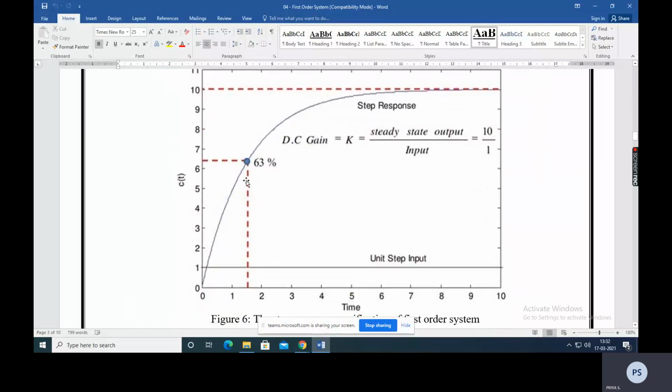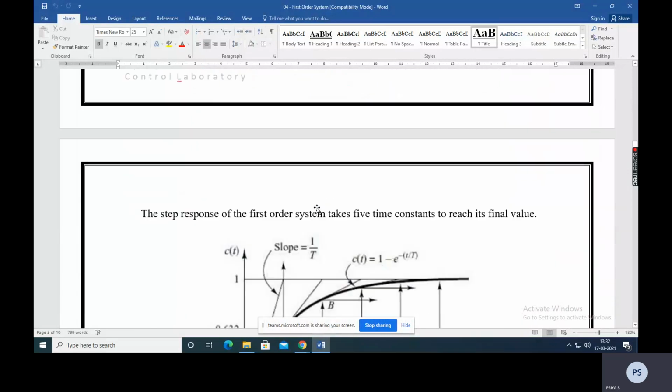That is, at 1.5 seconds I am able to achieve 63% of my steady state output. What is my output? Output should be 10 because K is going to be 10. What is the meaning of it? The output is going to be 10 times more than that of the input. So it is going to settle at 10. If I am taking K equal to 5, my output waveform is going to settle at 5.